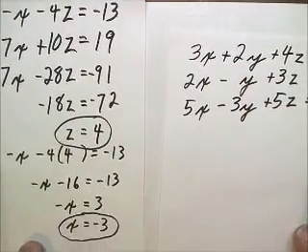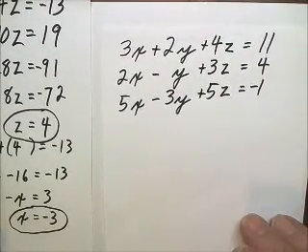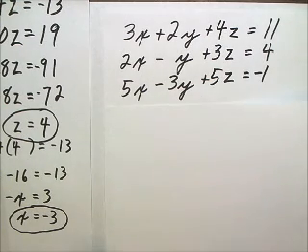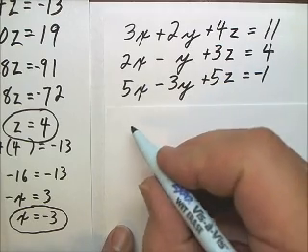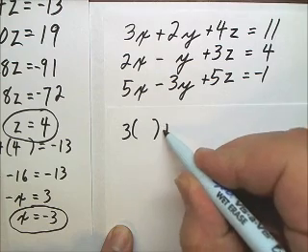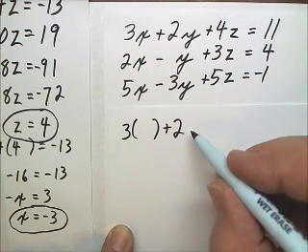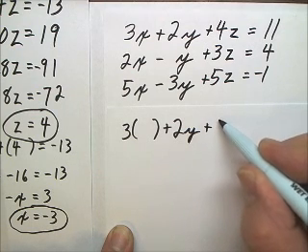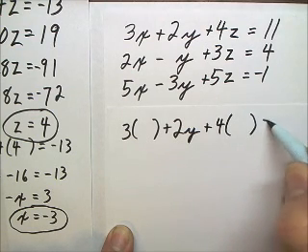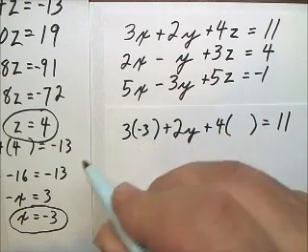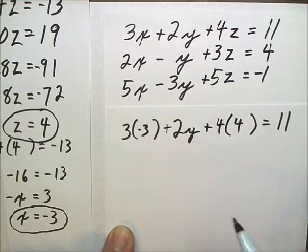Now I'm going to substitute z equals 4 and x equals negative 3 into one of my original equations here. I'll just use the top equation, getting this ready for substitution for the x and the z. The x is negative 3 and the z is 4.